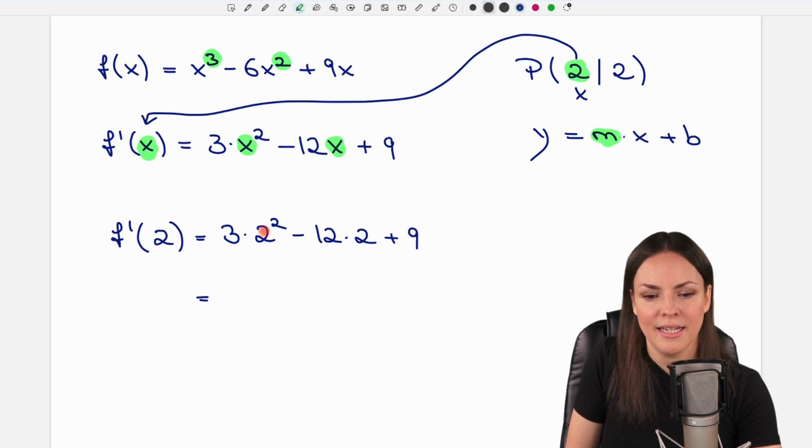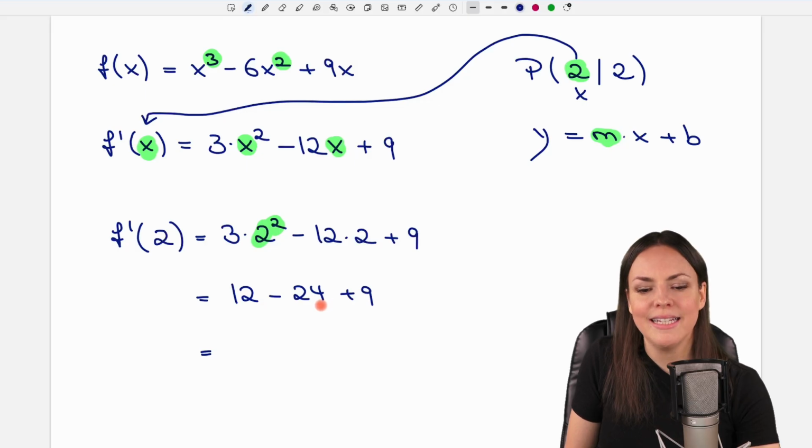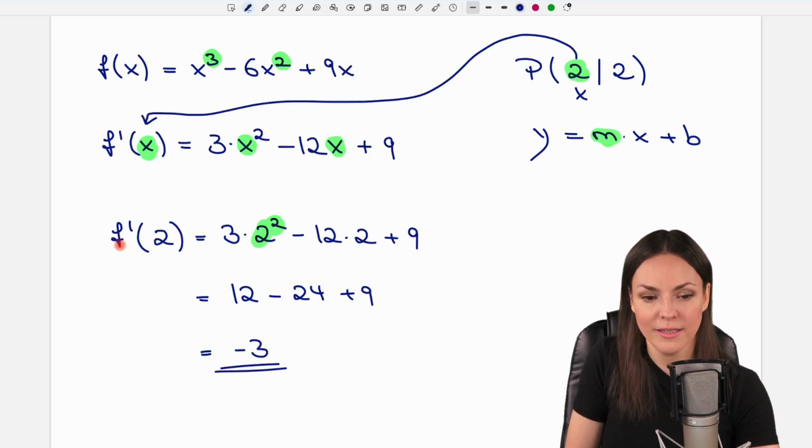What is this? 2 times 2 equals 4, 3 times 4 equals 12, minus 12 times 2 equals 24, and then we have the plus 9. 12 minus 24 equals negative 12, plus 9 equals negative 3. This is the derivative of our function at x equals 2. So negative 3 is our m. It's the slope of our line.